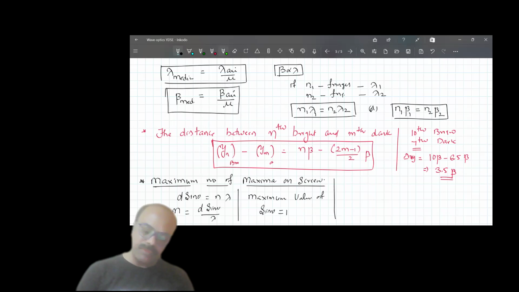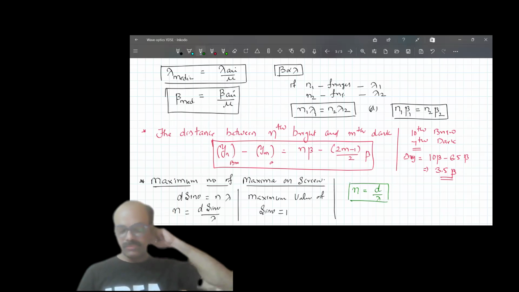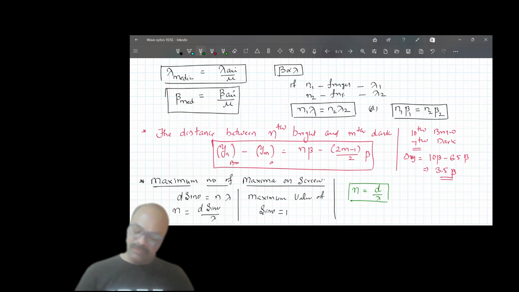Now, if we use that concept here, then d sine theta equals n lambda becomes n equals d by lambda. So this is the formula to find the number of maxima.